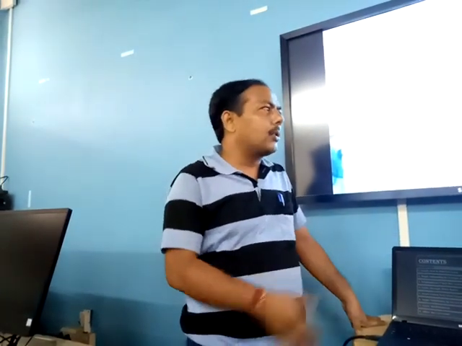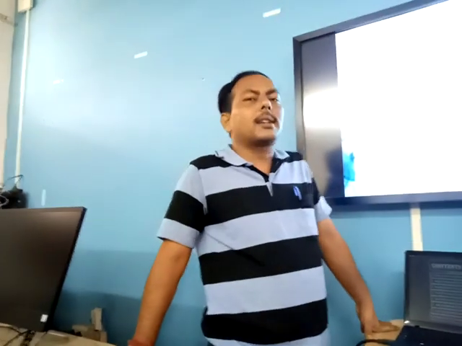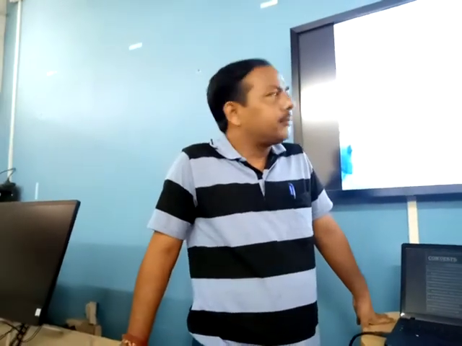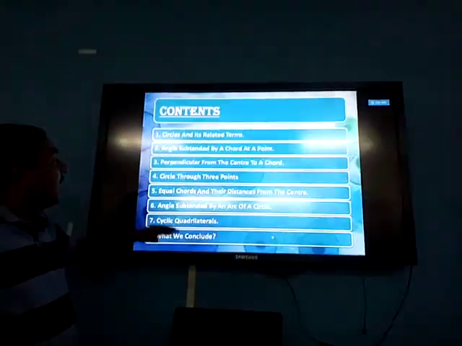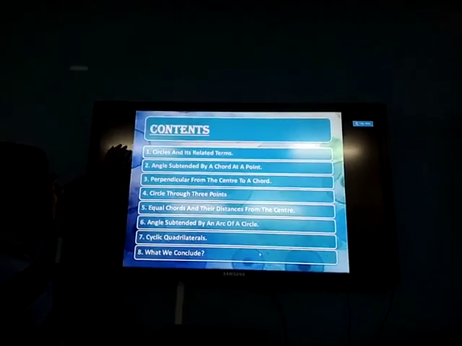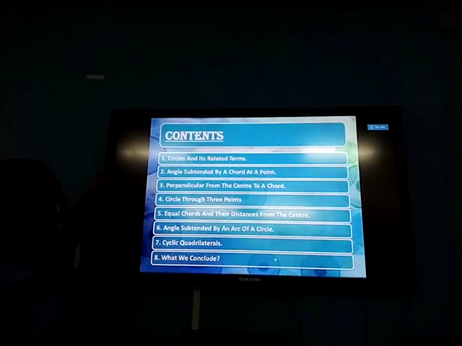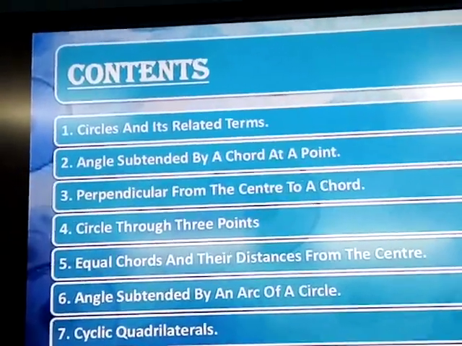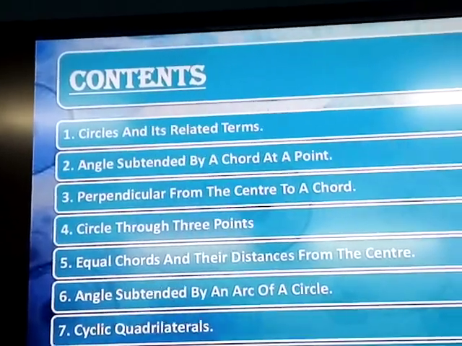Today we discuss some properties of circles, some specifications in circles which are useful in class 9 mathematics. The contents of this topic: first, circles and its related terms. Second, the angle subtended by a chord at a point.